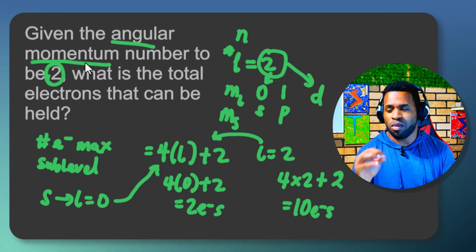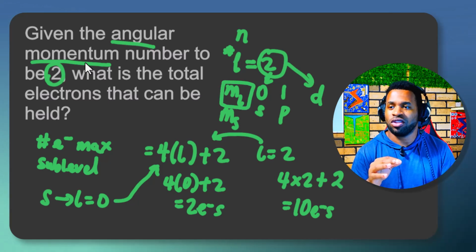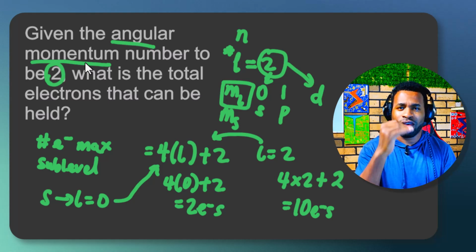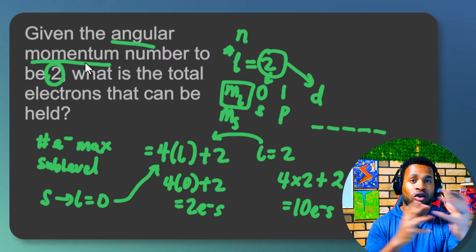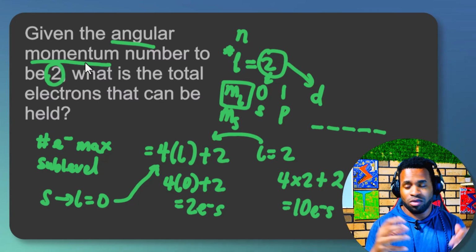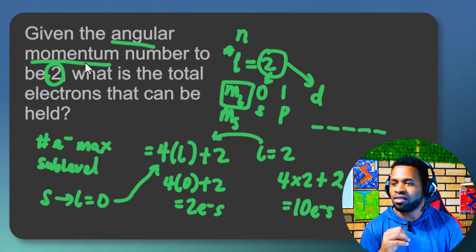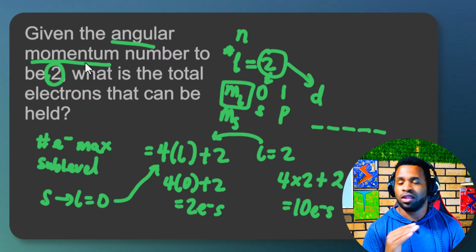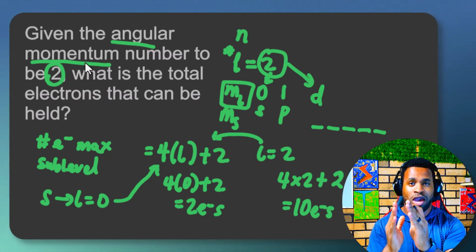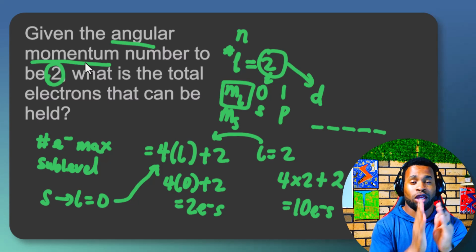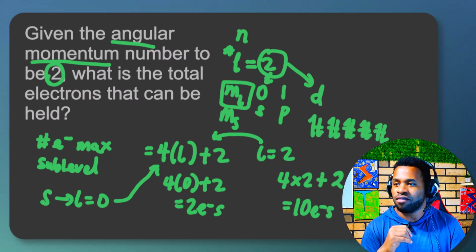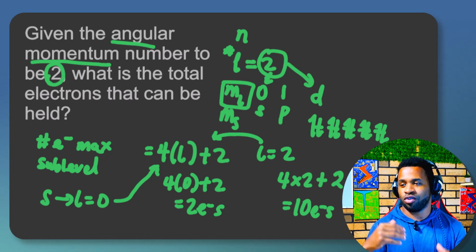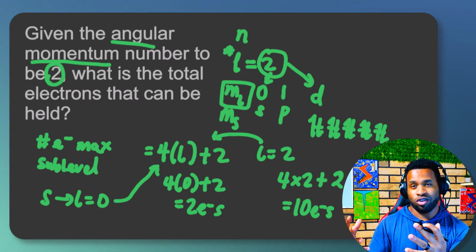Because when we look at the ml section, it implies that our d orbital has 5 different orientations of these orbitals. This shows that when we have all the orbitals completely filled, that means we have all of them paired up in opposite directions, and this is our 5th pair. And so this shows that we have 10 electrons in total present in the d orbitals.